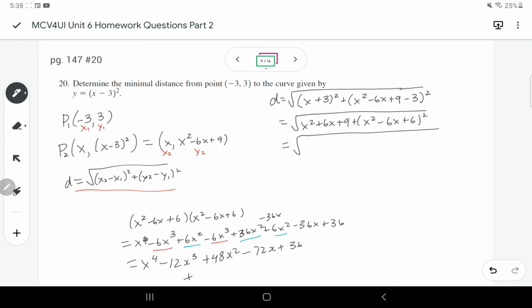Then, to simplify my life, adding on the x squared plus 6x plus 9 from up there, I'm going to end up getting x to the fourth minus 12x cubed, plus 49x squared, minus 66x, and plus 45, all to the exponent 1/2.